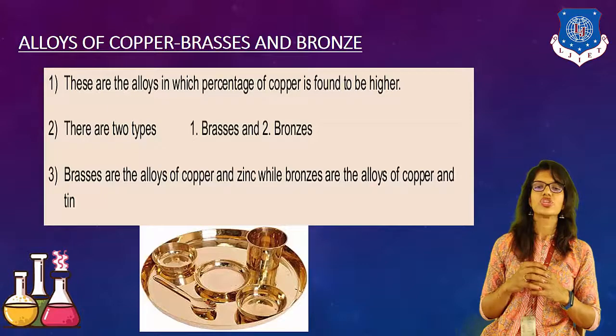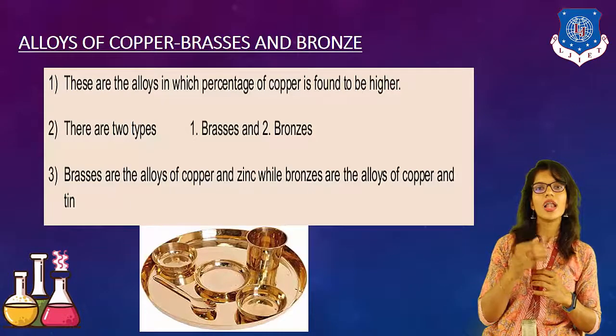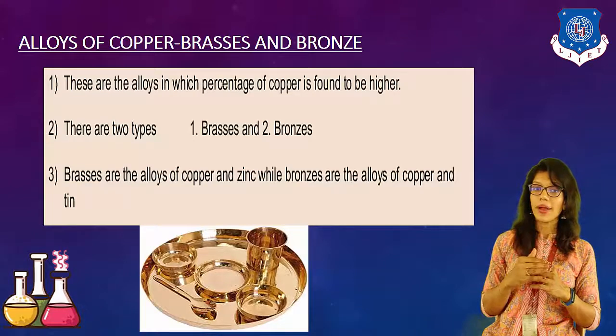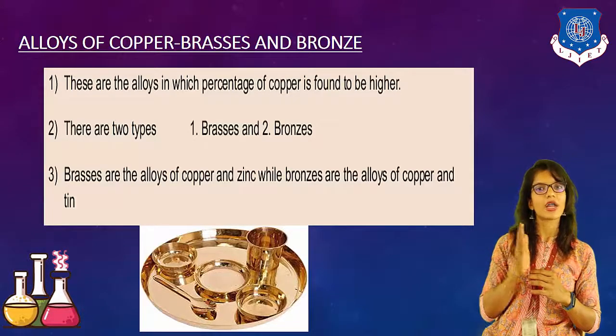These alloys in which the percentage of copper is higher are known as alloys of copper. Other metals can be present, but their percentage is low. But copper's percentage will be higher here.